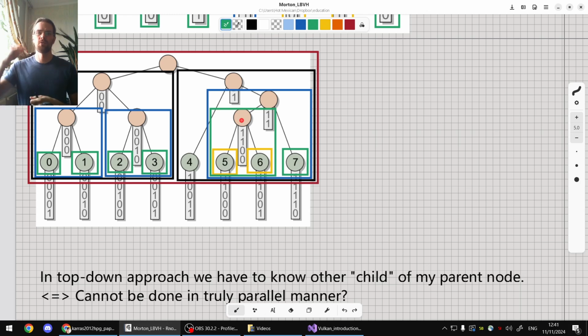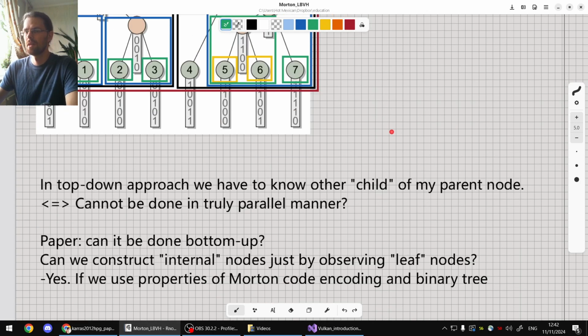Starting from the root node, in order to work on the next level on the right node, you have to know the left node. So it's sequential in nature, not properly parallelizable, and it will not be fast. So the paper then asks: can we construct such an approach that starts bottom-up?